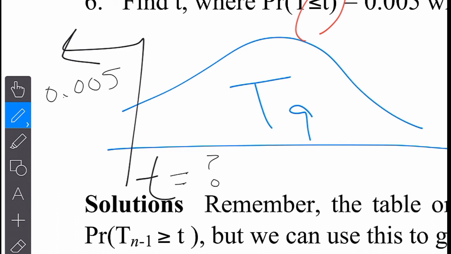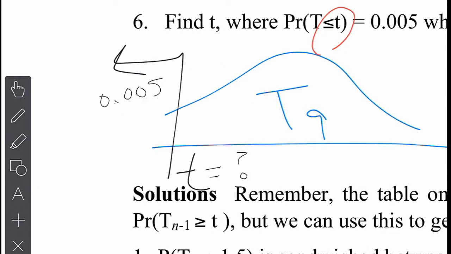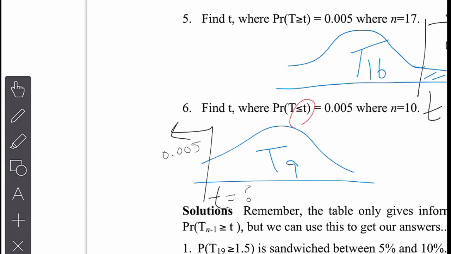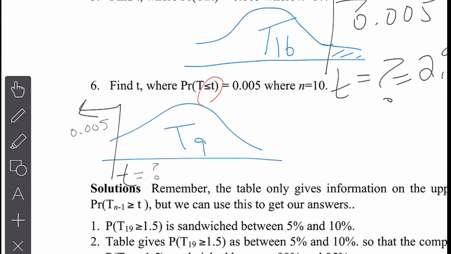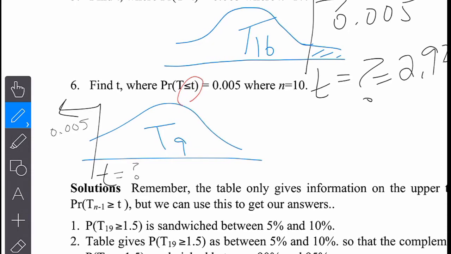Oh, actually no, wait, I don't. The n was 9 here. What was the n over here? Oh no, that was a different n, so that's not the answer, but we do know how to do this. We're going to solve it for the positive version and then use the negative. If you change the direction and the sign using the symmetry, the results for the left tail will be the same as the right tail.